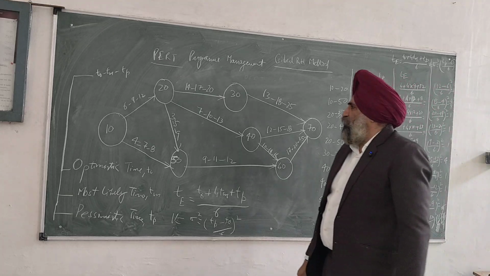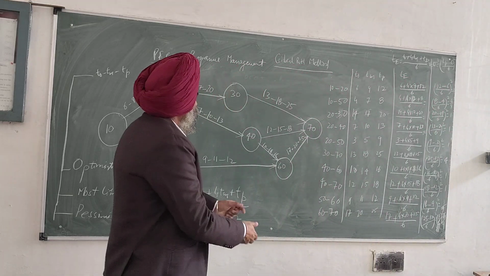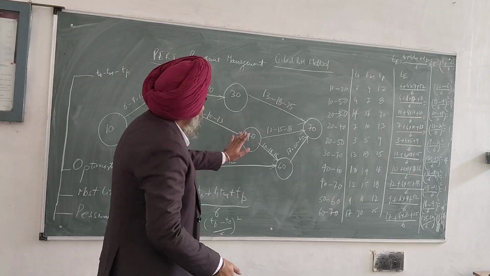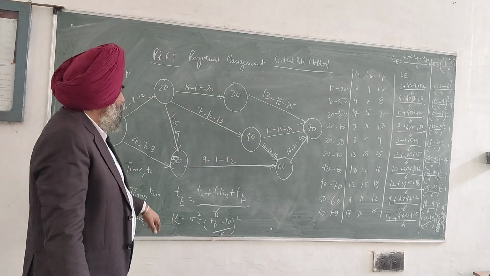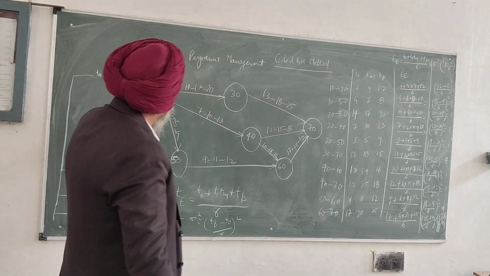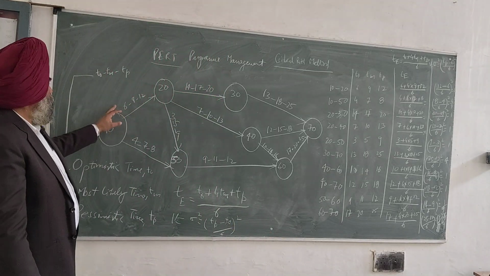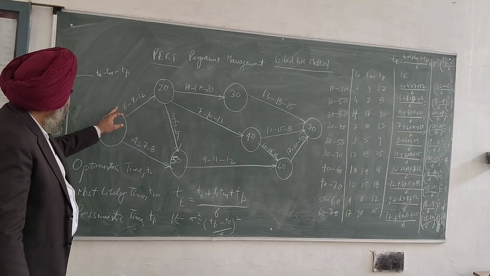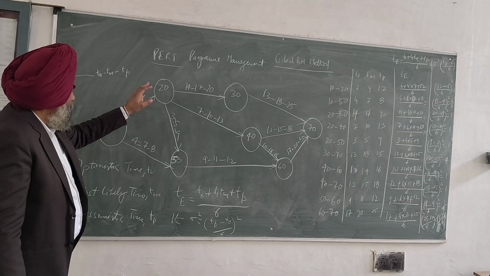So these are the two values which we calculated today. Again, what we discussed today: we have taken one problem related to PERT. In PERT, there are 3 times associated, given in the order of optimistic time, most likely time, and pessimistic time.